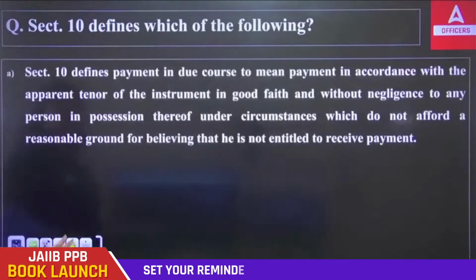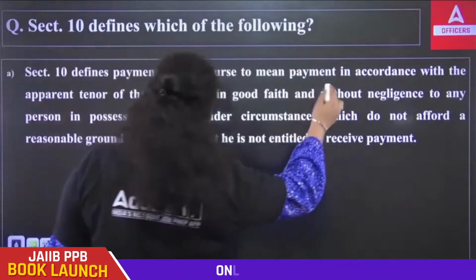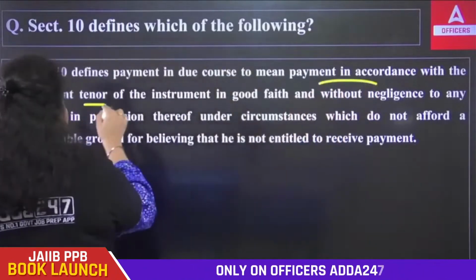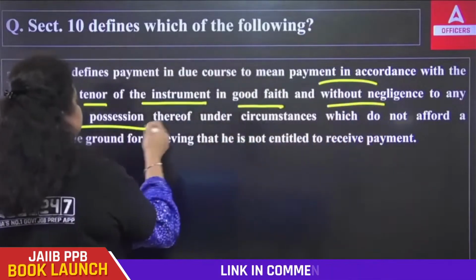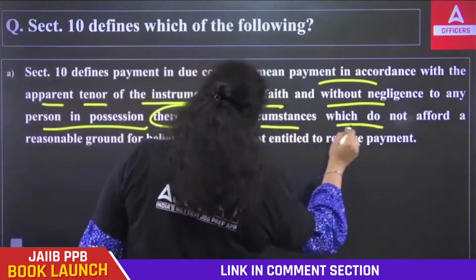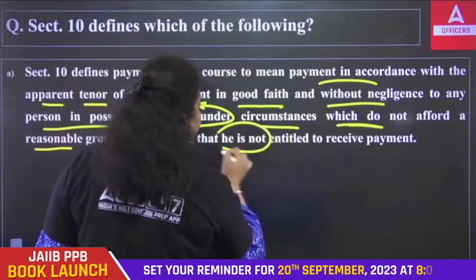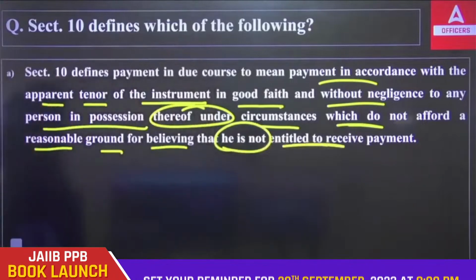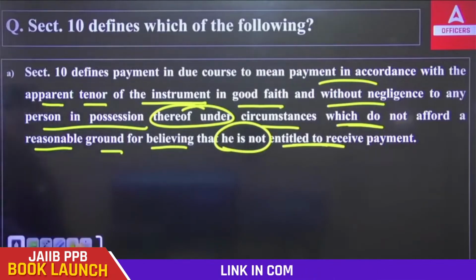The first is saying, section 10 defines payment in due course to mean payment in accordance with the apparent tenor of the instrument in good faith and without negligence to any person in possession thereof under circumstances which do not afford a reasonable ground for believing that he is not entitled to receive payment. Okay, this is what we are talking about here, that section 10 talks about payment in due course.